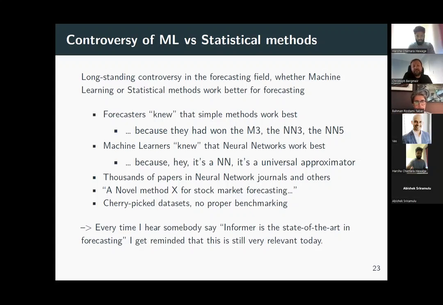So there are all these papers out there in the neural network literature that are things like, a novel method X for stock market forecasting. They often use cherry-picked data sets, no proper benchmarking.